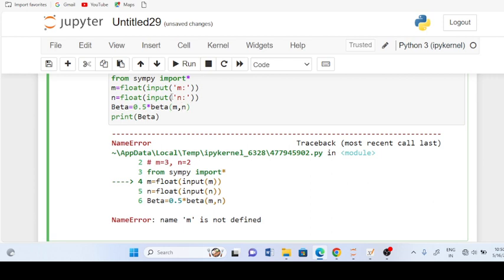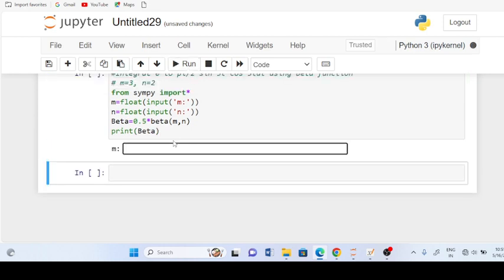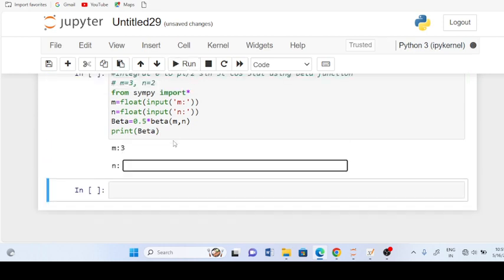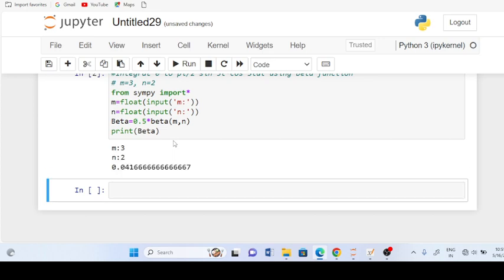We must get the answer. Before that we must enter the values. M is 3, n is 2, then we are getting the answer 0.041.